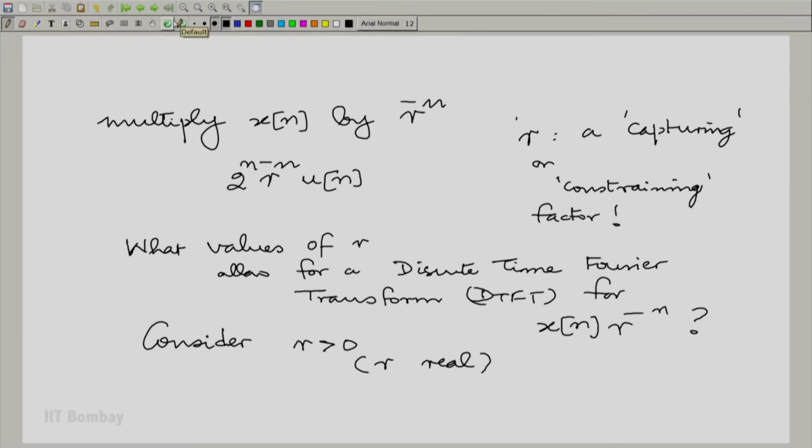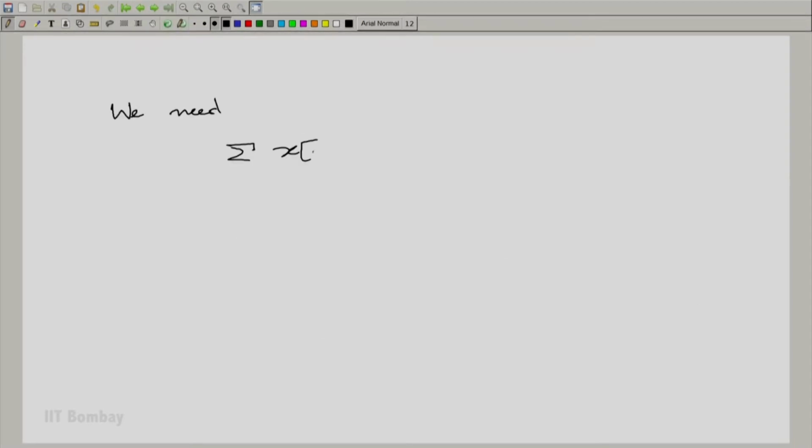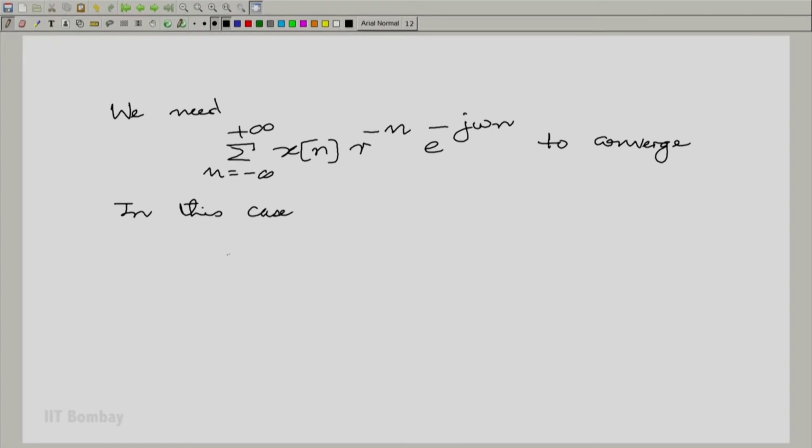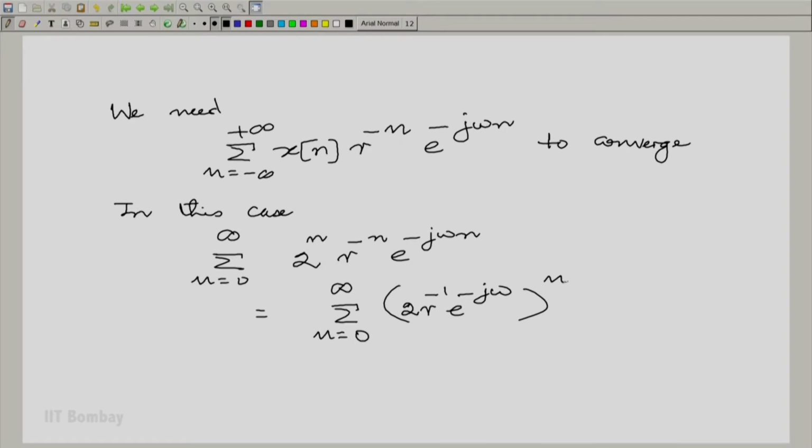We are asking for the following summation to converge. And in this case, we have, of course, n running from minus to plus infinity. In this case, the summation is essentially 2^n into r^(-n) into e^(-jωn), summed over all non-negative values of n, which of course can be simplified.